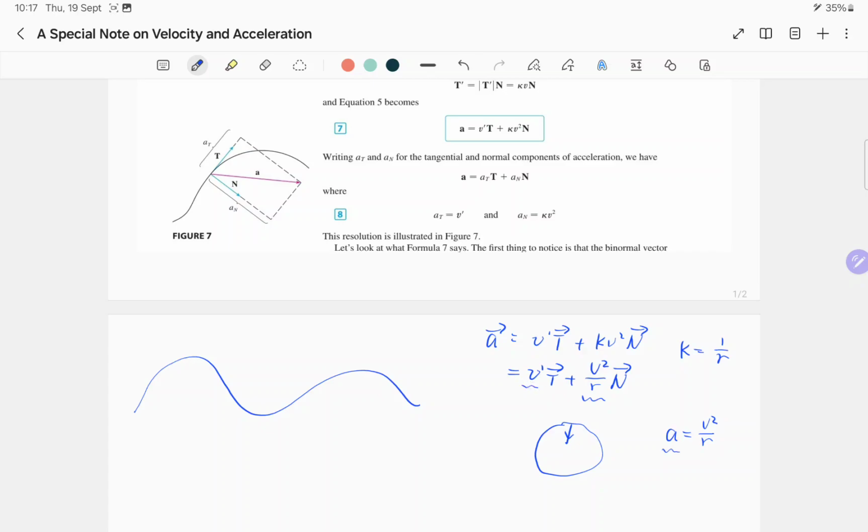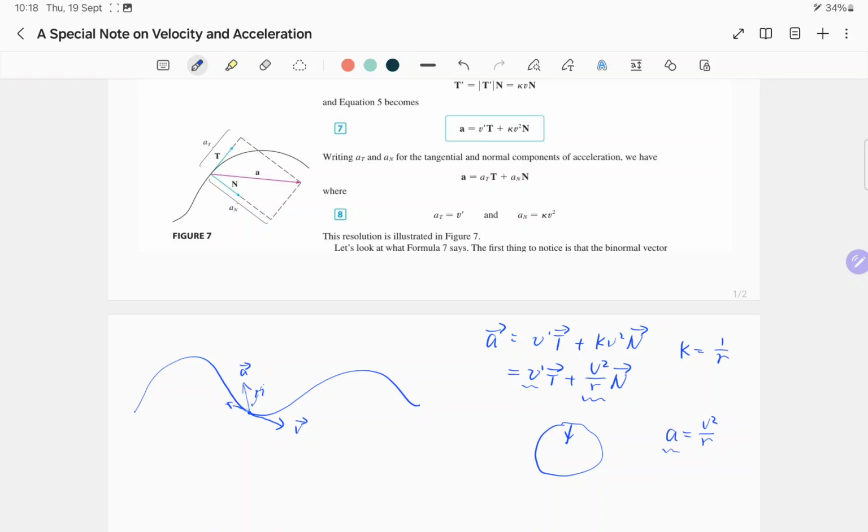And what is this? This is how the velocity changes. So imagine you are at a point on a curve, you have a velocity like this, and you also have an acceleration like this. It has two components. One is parallel to the velocity, and the other is perpendicular to the velocity.